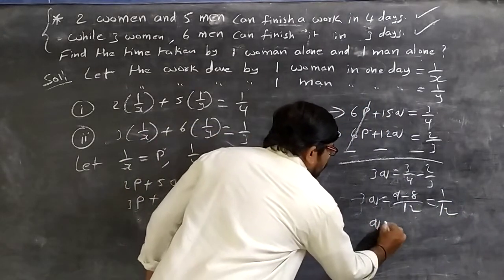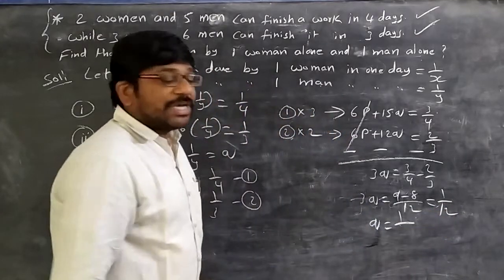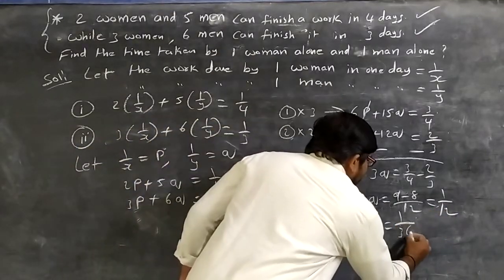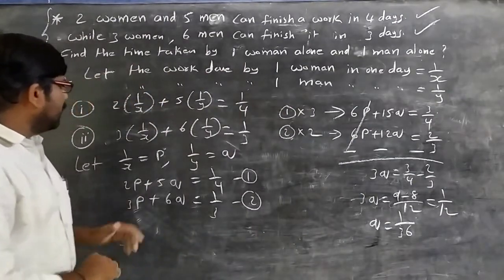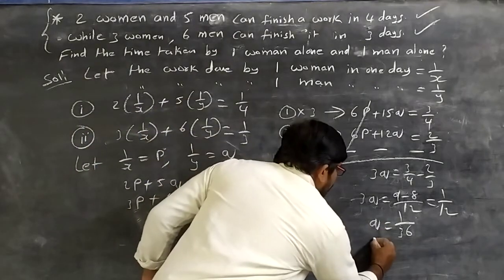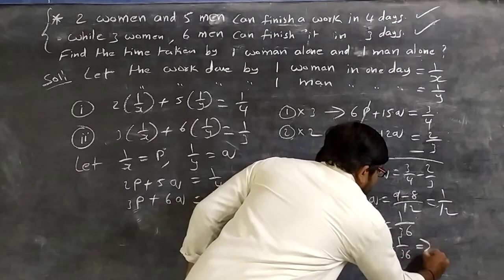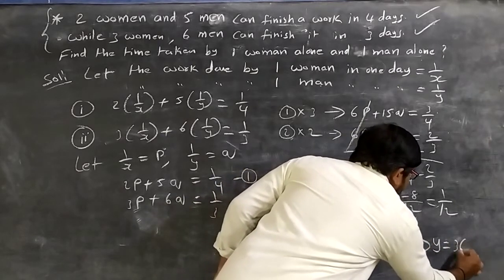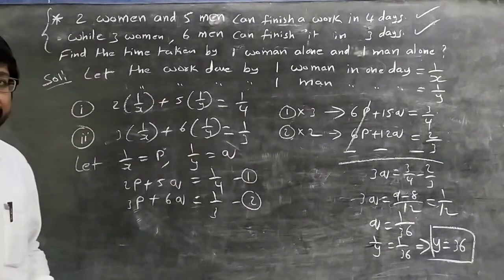Then q is equal to 1 by 12 divided by 3, 12 3s are 36. What is q here? 1 by y. So 1 by y is equal to 1 by 36. That implies y is equal to 36.